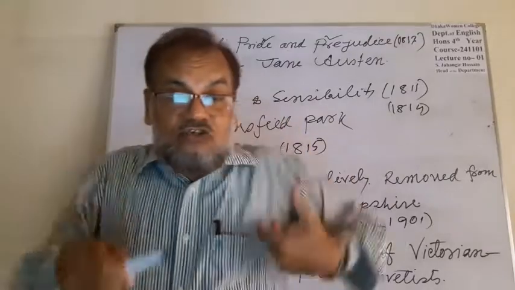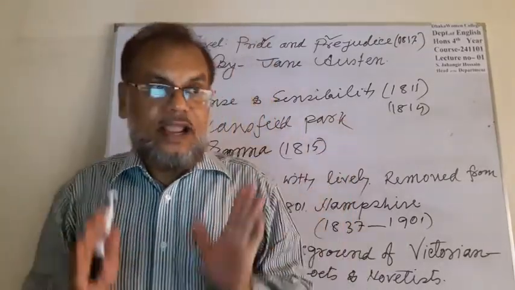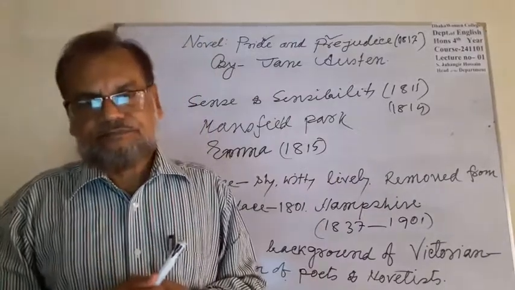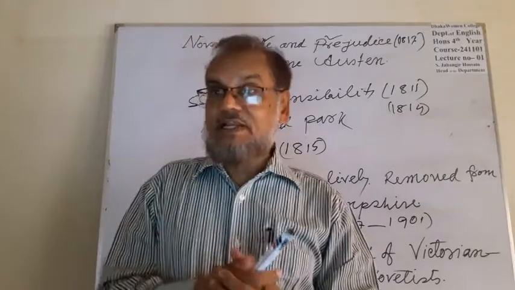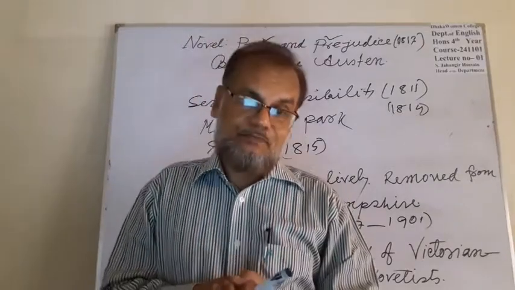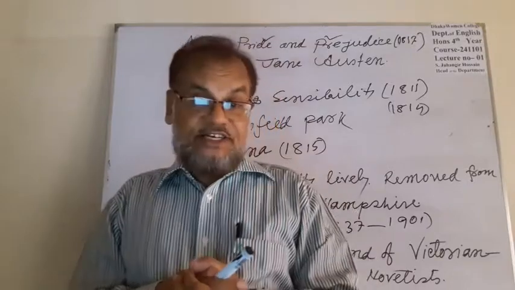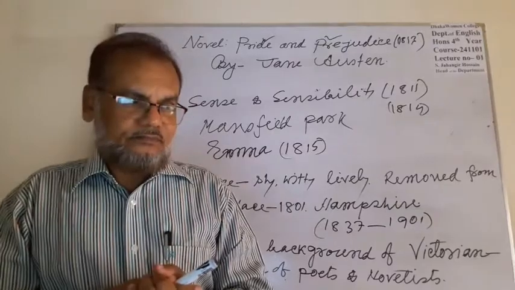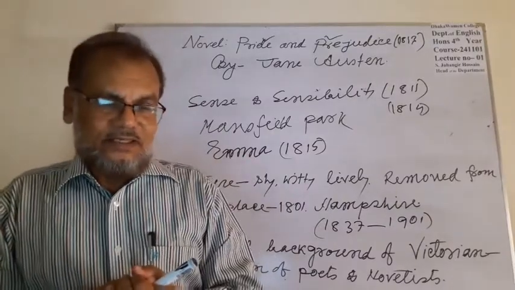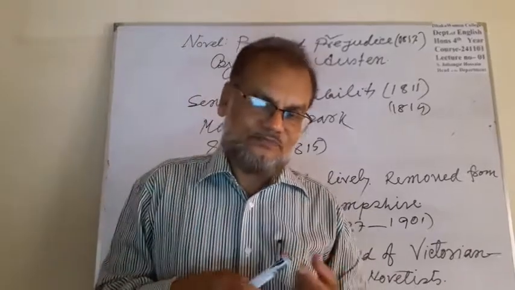And these novelists, including the women novelists, enriched English literature. But we cannot forget the contribution of poets, mainly Alfred Tennyson, who enriched the history of poetry in English literature.